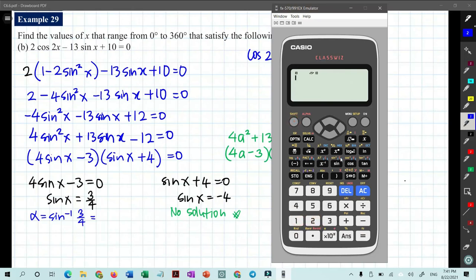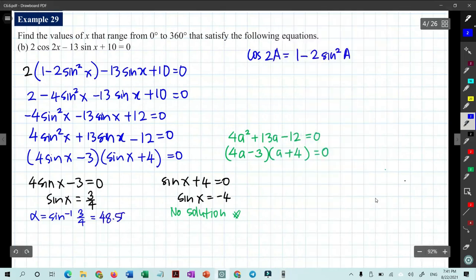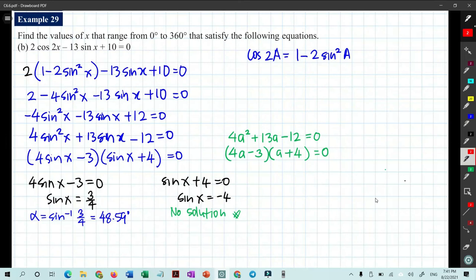Okay, so shift sine 3 over 4, and the answer is 48.59 degrees, and sine is positive, so the solution for x is in the first and second quadrant.